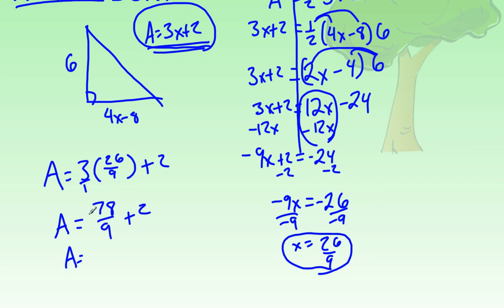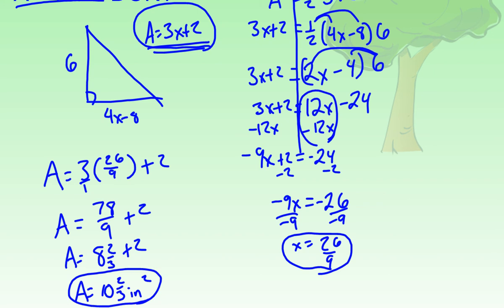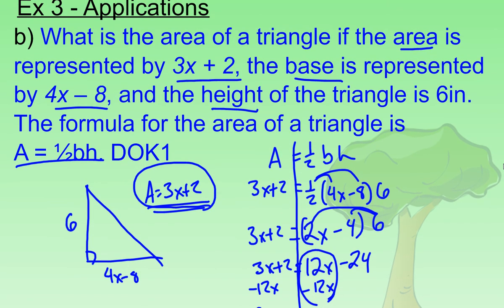So area equals 8 and 2/3 plus 2. Add the whole numbers together, area equals 10 and 2/3 inches squared. So the area of this triangle is 10 and 2/3.